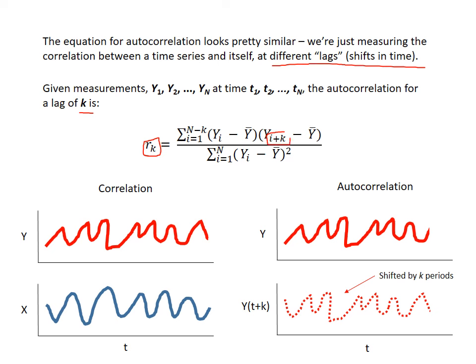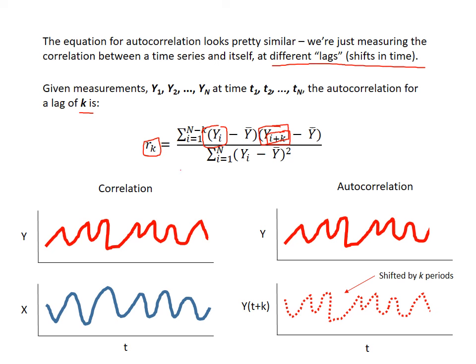So the same variable, we're just looking into the future and trying to figure out the correlation between this and this, basically, right? And then we're dividing by the sum of yi minus the mean of y squared.